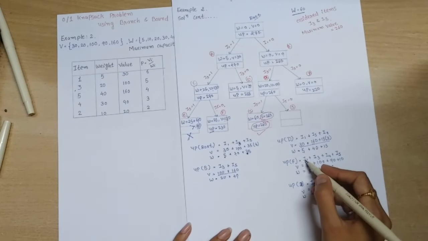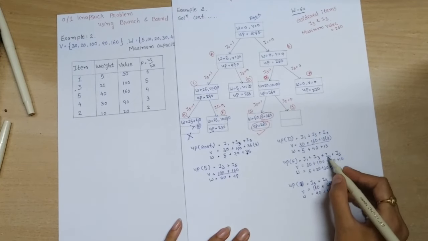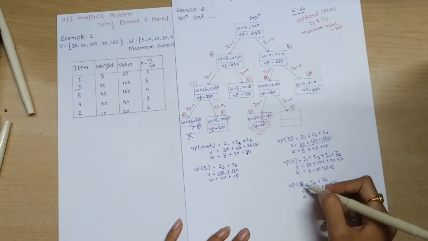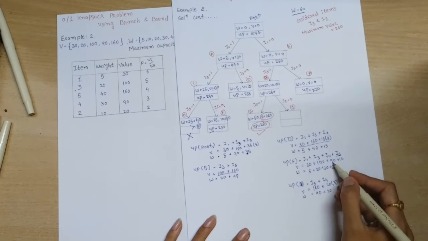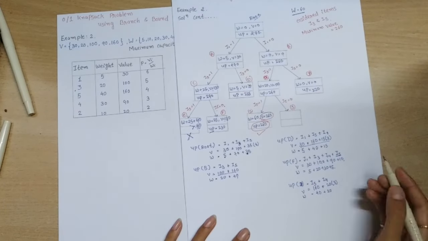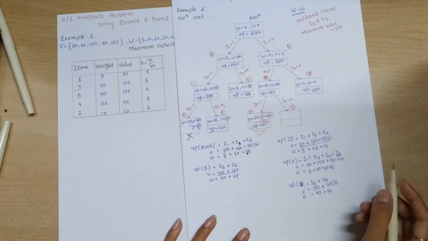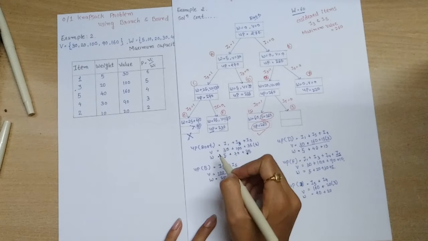So upper bound for the node F, we will consider item I1, I3, I4 and some part of item I5 having values 30, 100, 90 and 10 respectively, and total weight will be 60. So upper bound for the node F is 230.